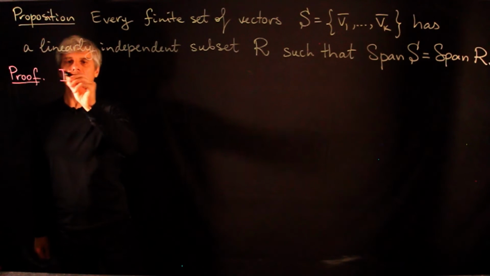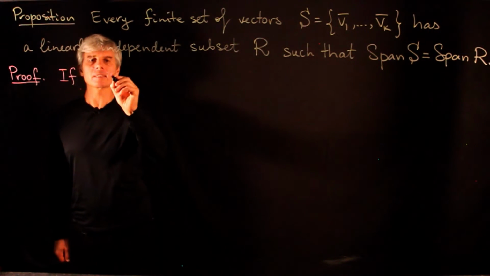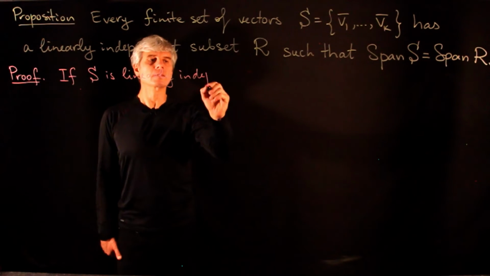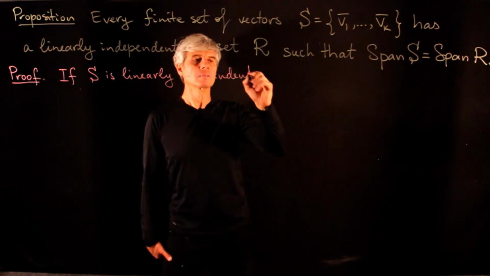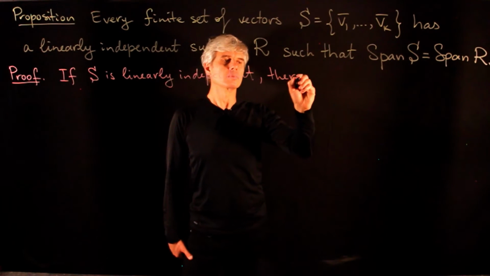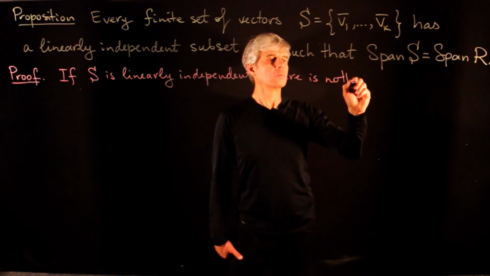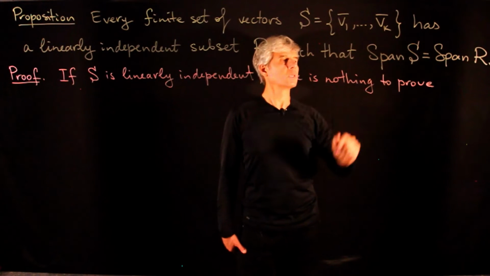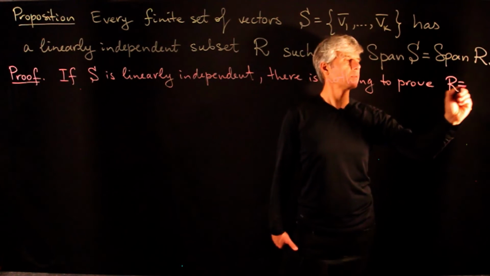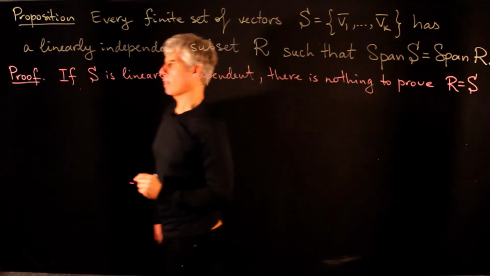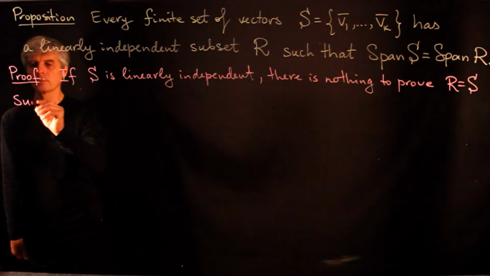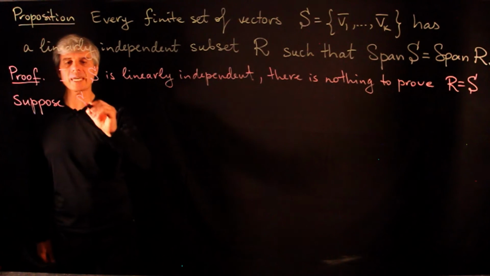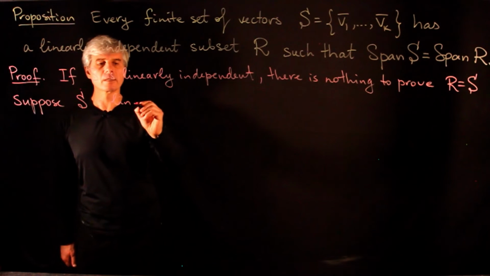So if S is linearly independent, there is nothing to prove. So this means as R, we can choose the set S itself. Suppose that this first assumption is not the case. Suppose S is linearly dependent.